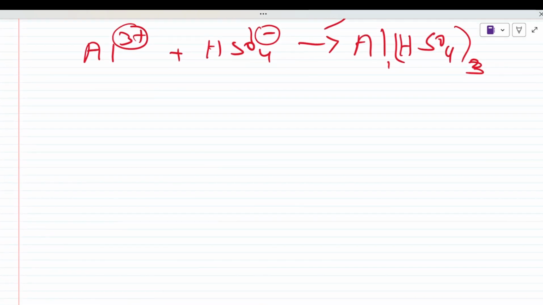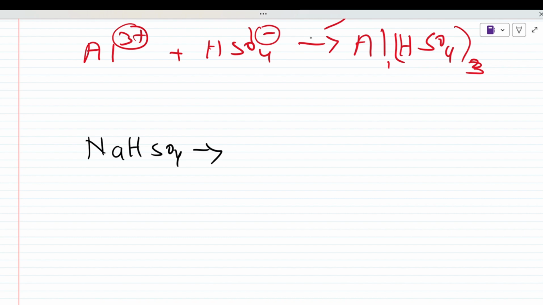So in nature, let me just clear that out. Most of the time in our labs, you'll come and realize that we have no hydrogen sulfate on its own. But what we have is either sodium hydrogen sulfate, which is written as NaHSO4.